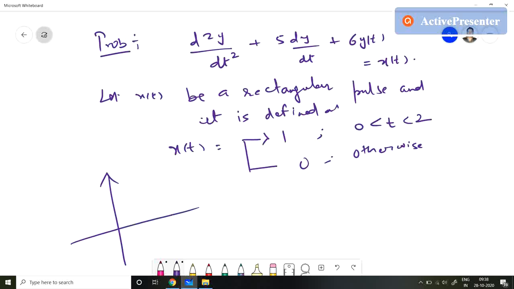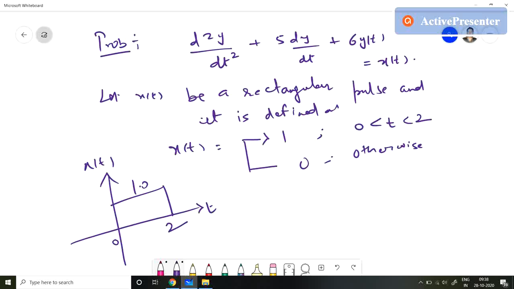So this is our x(t). Between 0 and 2, the value is 1, and at all other values it is equal to 0. So this is the rectangular pulse.